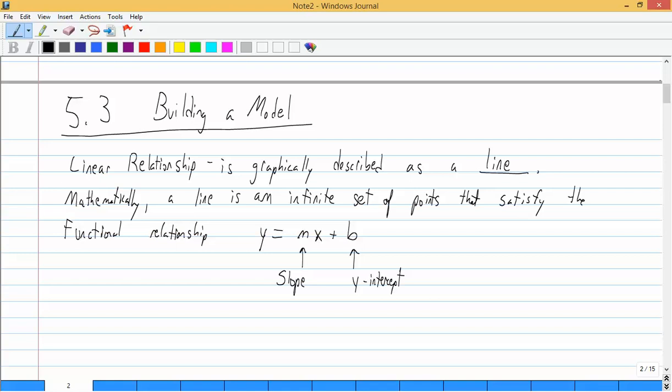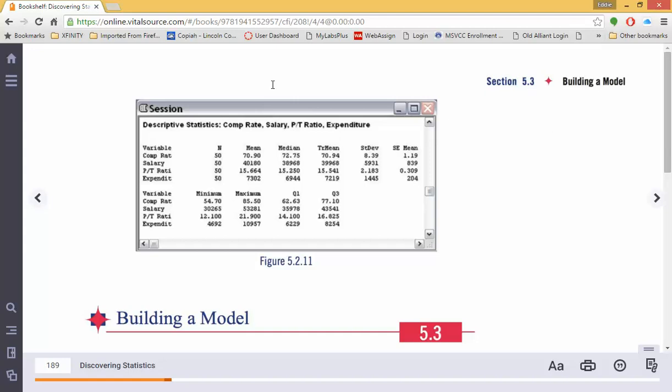Pretty straightforward. It's covered in anywhere from junior high math all the way through high school math, through college algebra. You've seen that term, hopefully.